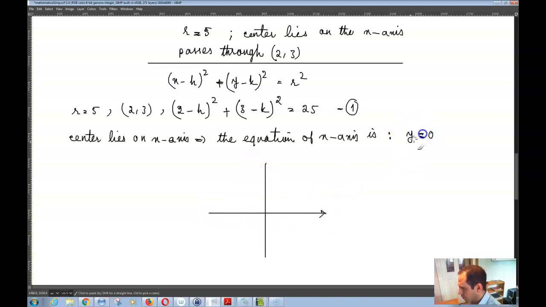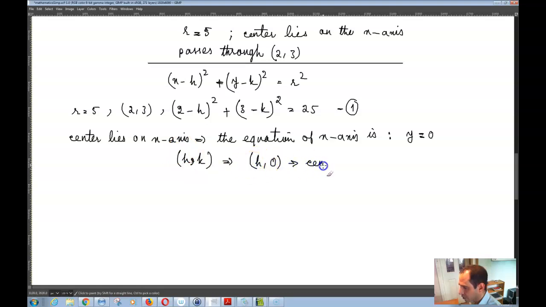So what that means is that if you have the center as h comma k, there is this relationship between h and k, which means that your y is equal to 0. That means that your k is equal to 0. It means that your center is h comma 0. This is your center, somewhere on the x-axis.